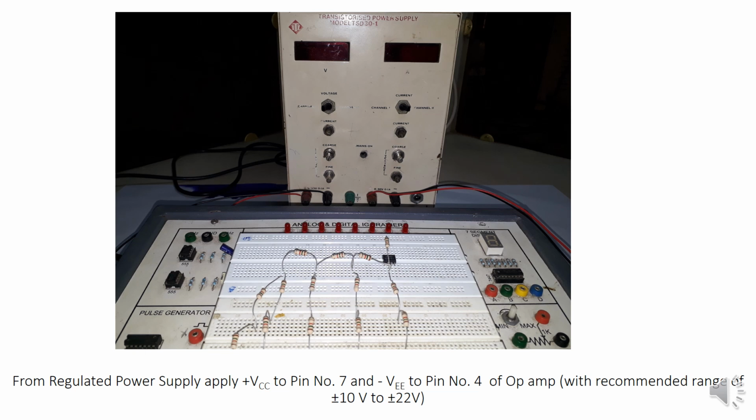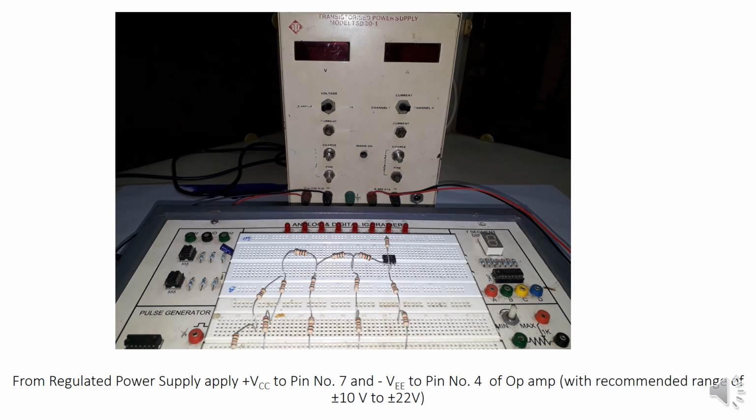So the general operation will lie between 10 to 22 volts. Here we are going to use 12 volts as VCC. The 12 volts VCC should be suitably selected such that the expected output should not exceed VCC. Okay, it cannot drive more than VCC.